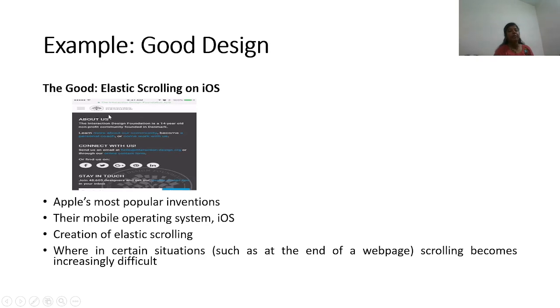So this information will be continuously scrolling on the iOS from the top to the bottom. So it's the most popular instance of Apple's invention. It is focusing on the iOS operating system implemented for the mobiles, and it is focusing on the important feature of elastic scrolling.